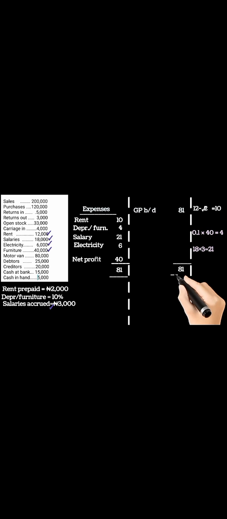Immediately after getting the net profit, we've finished with the profit and loss segment of the final account. So the income statement gives us the gross profit from the trading account and the net profit from the profit and loss account. Now we are going to take a look at how to calculate the balance sheet.